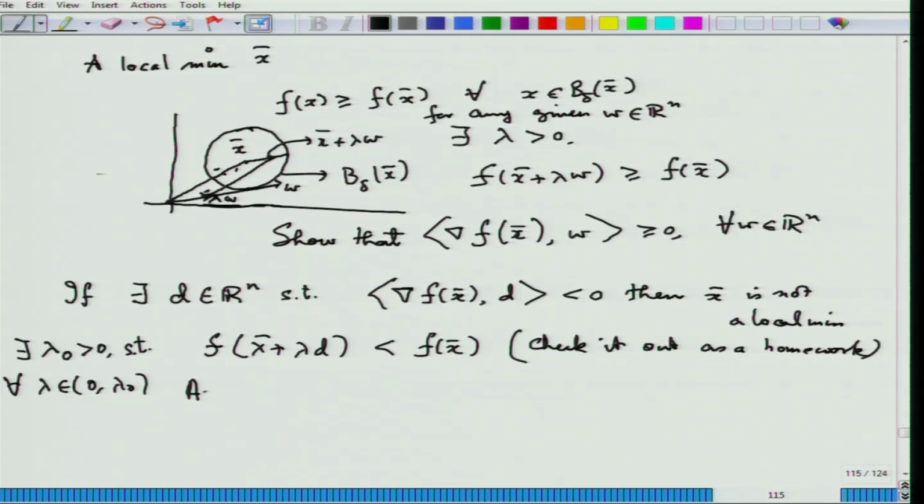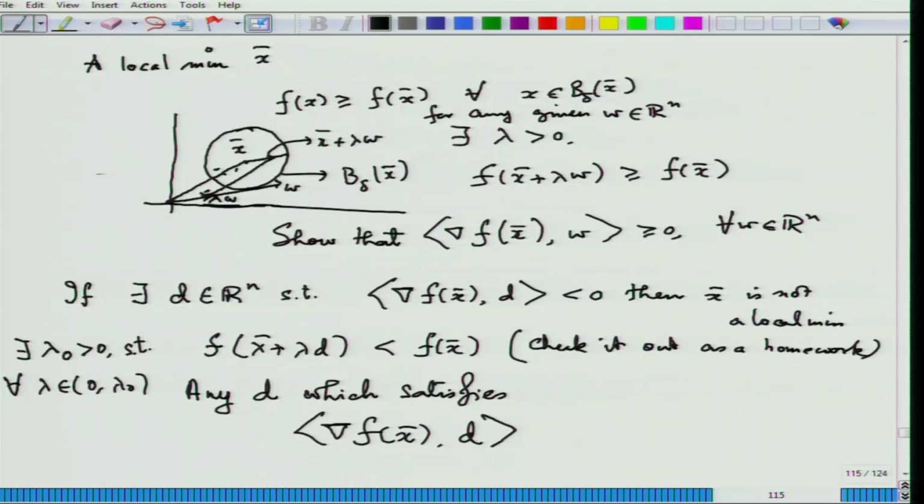Any d which satisfies grad f x bar times d strictly less than 0 is called a direction of descent.